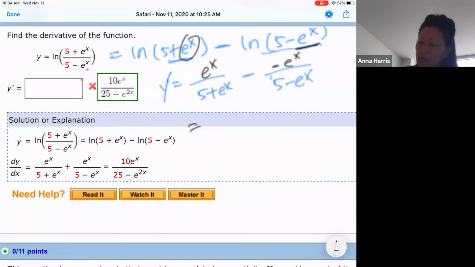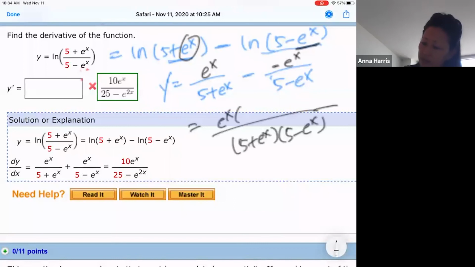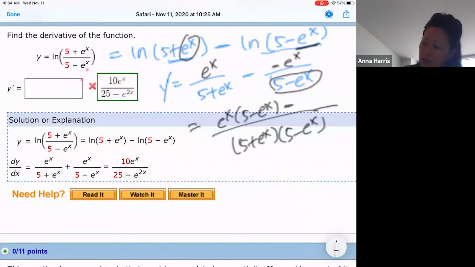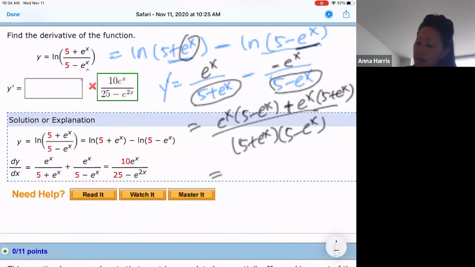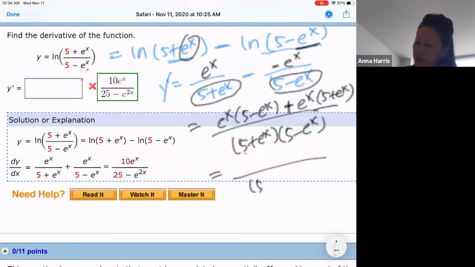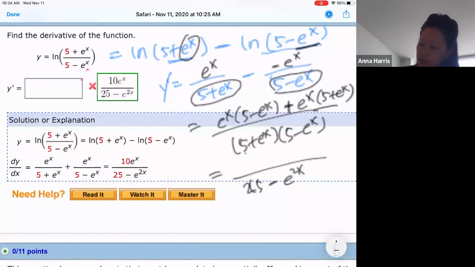All right, you combine them, their denominator. So 5 plus e to the x, 5 minus e to the x. So e to the x times this, minus makes plus, e to the x, multiply that. So when you combine 5 plus 5 minus, you just get a what? 25 minus e to the 2x.